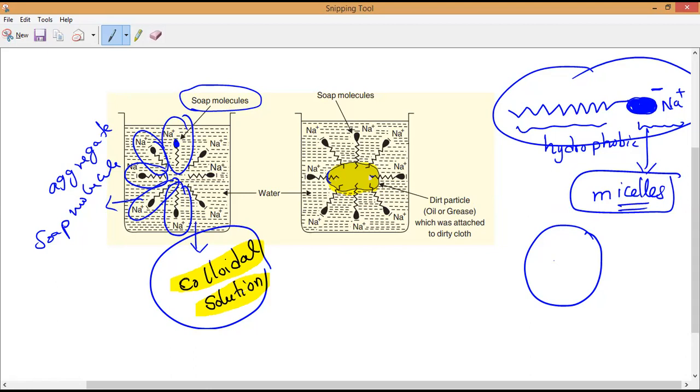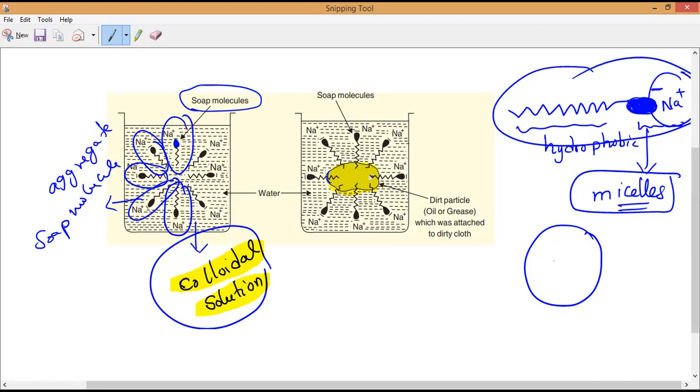Micelles. In this micelle, as we know, there are two parts: the tail part, which is non-polar, and the head part, which is polar. The tails are directed towards the center, and the ionic ends, or positive charge, are always directed outwards.